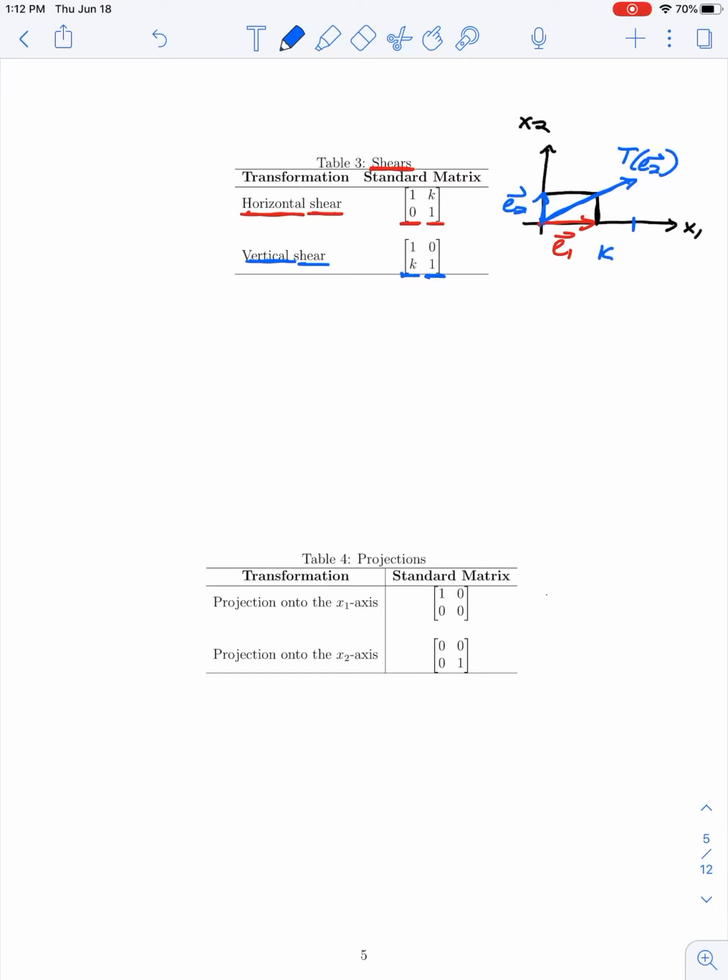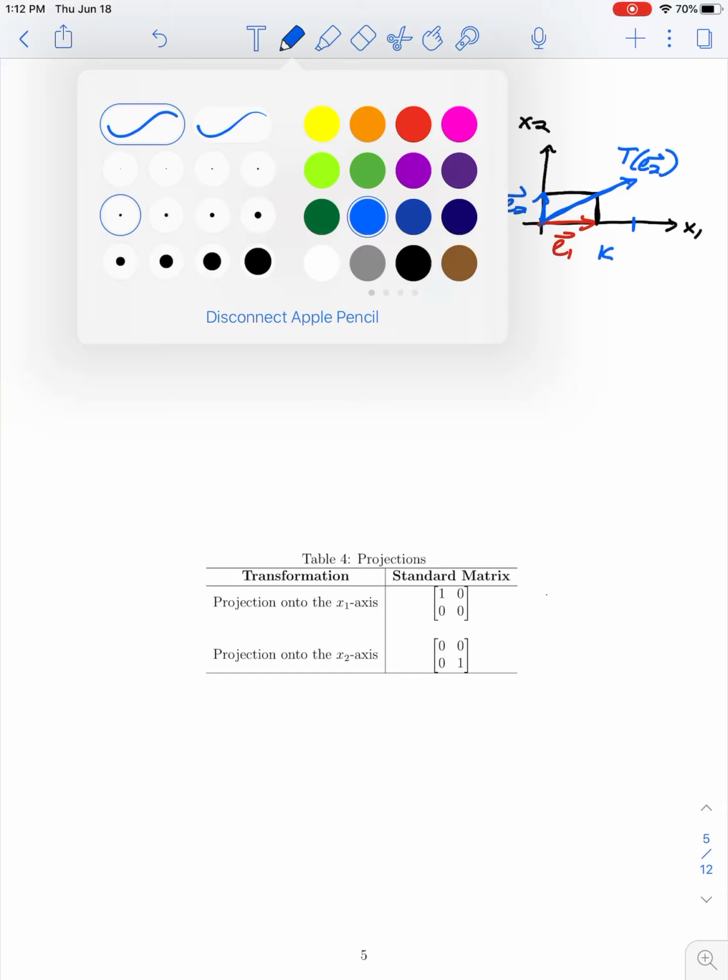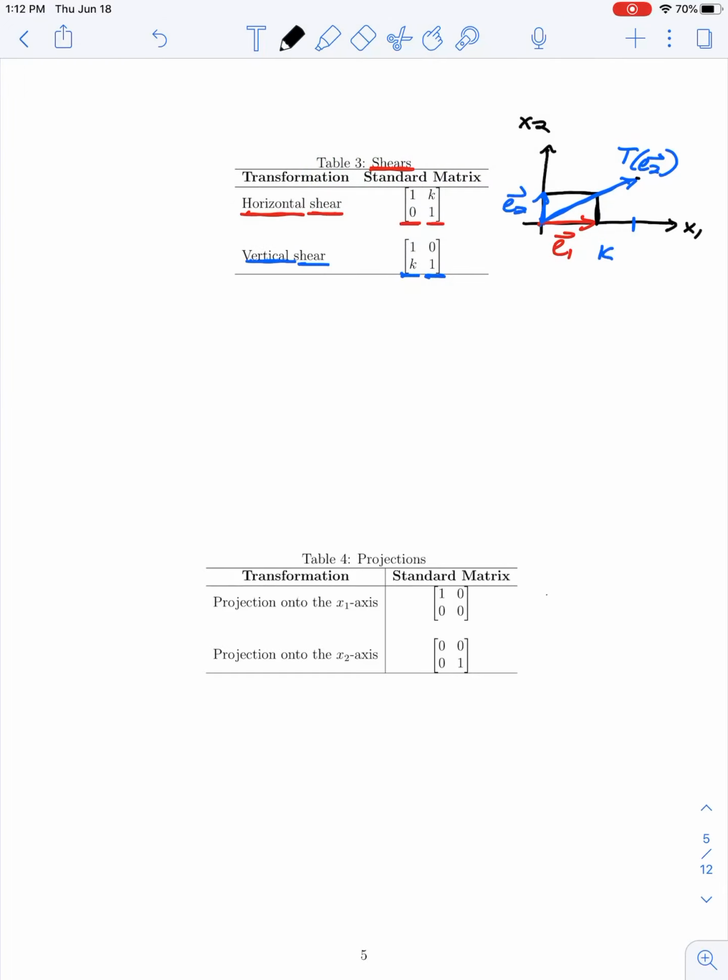So the image of this little square becomes a parallelogram. So this would be an example of a horizontal shear, a shear which takes a unit square to this parallelogram that's been shifted horizontally. In a similar way, we could describe a vertical shear.